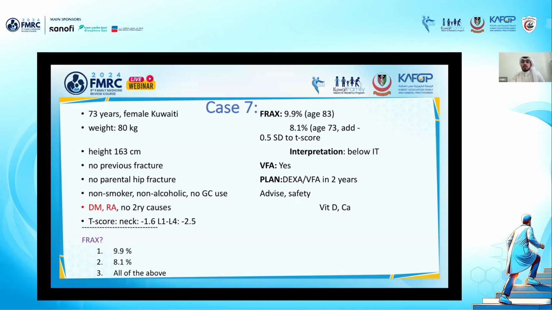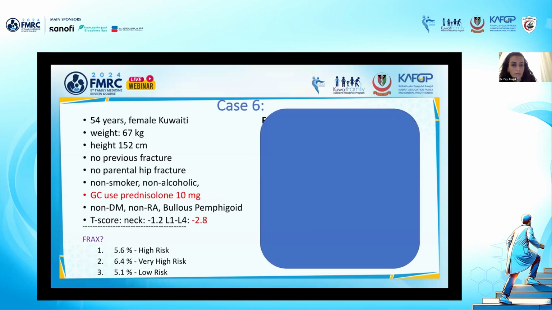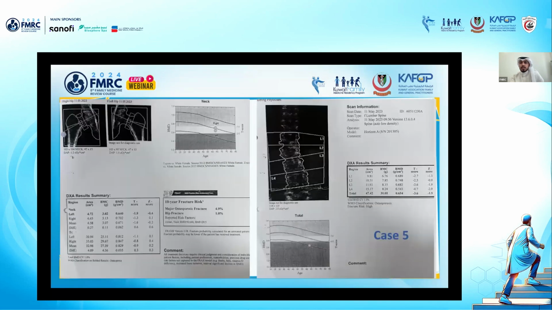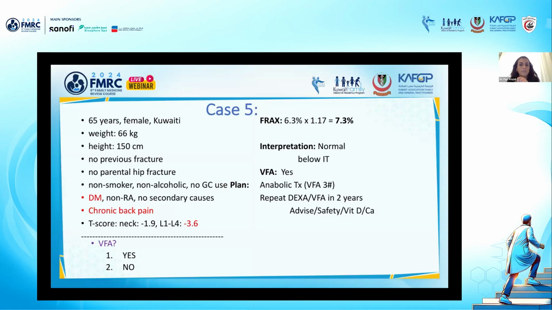ممتاز واضحة دكتورة. Last case اللي هو case 5. One resident asking, she said, I didn't get the 1.17 in this case. Yes. The estimate was almost 1.7. So we multiply the score by what? This patient's FRAX calculated 6.3, correct?